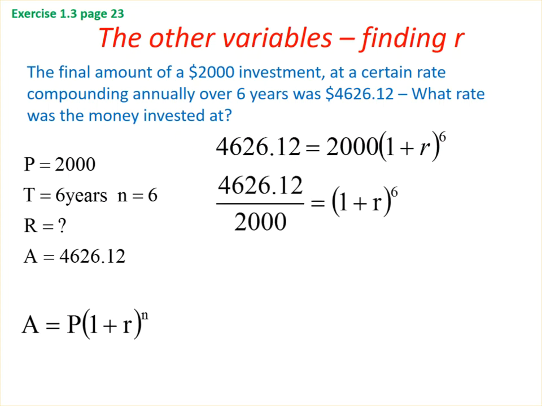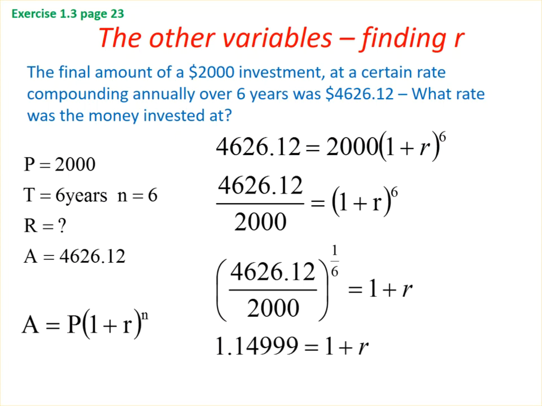So first of all, divide by 2000. Now how do we get that power of 6 over to the other side? So it's a special type of 6, square root. The other thing you can do, it's exactly the same, is you can do it to the power of 1 over 6. Okay?